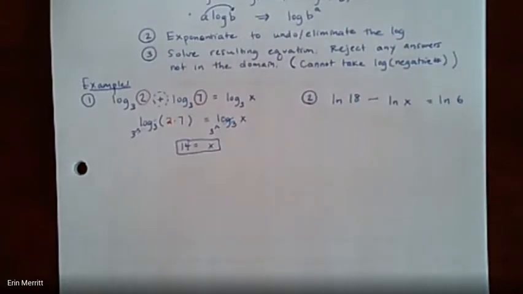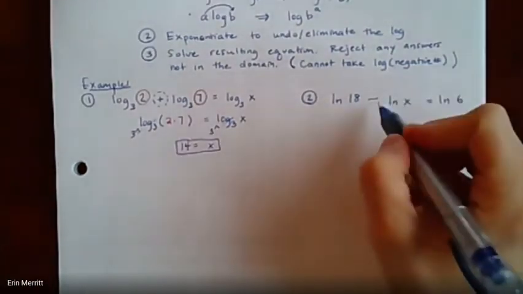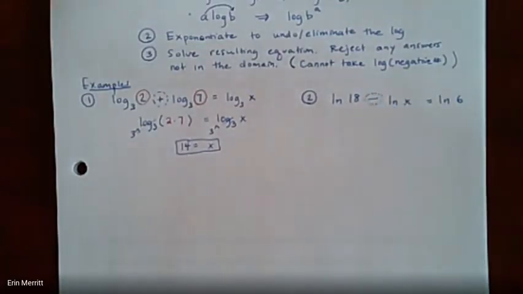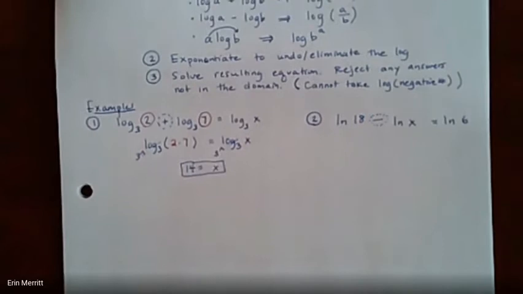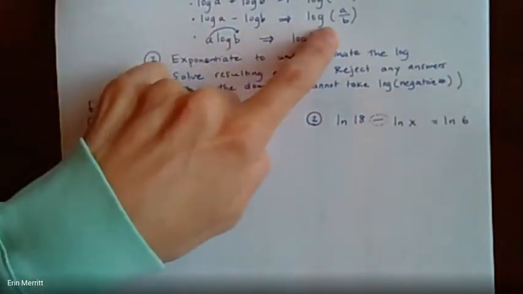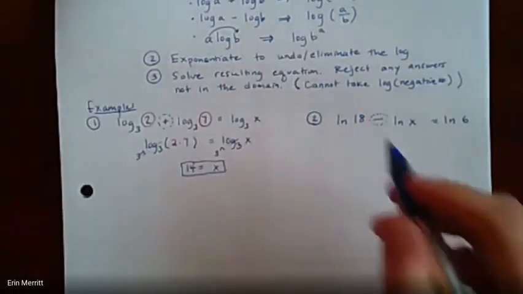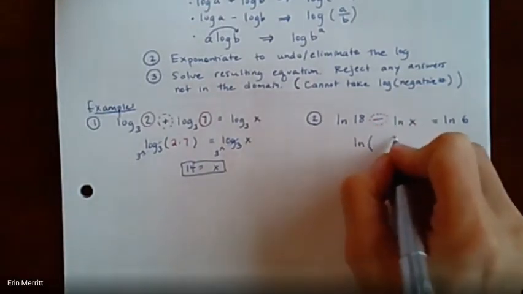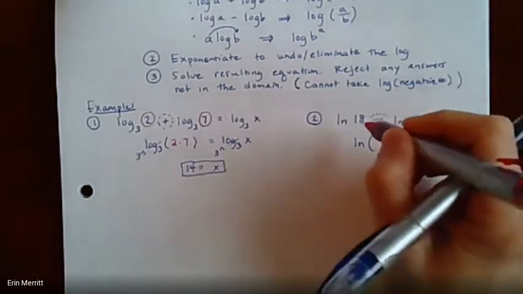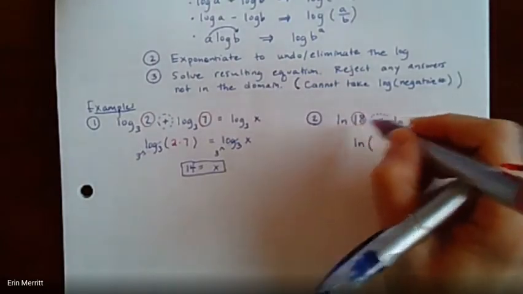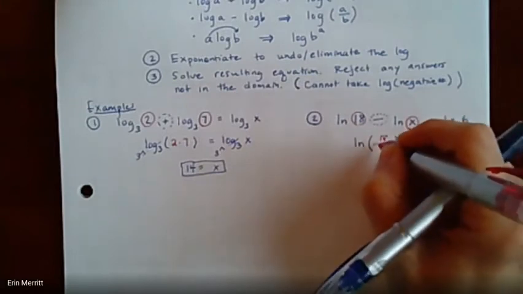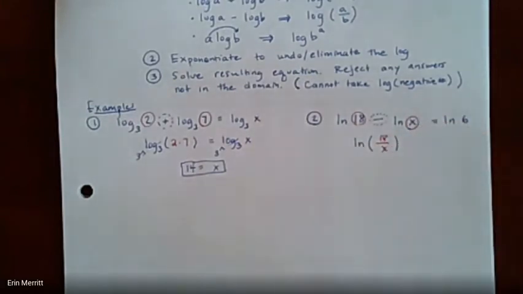This time, you have a subtraction sign splitting those two logs. According to the rules, we're going to bring it back together and make it division. So I'm going to rewrite this as the natural log of, make sure you're going from left to right, 18 divided by x. So inside of here, we'll go 18 over x.